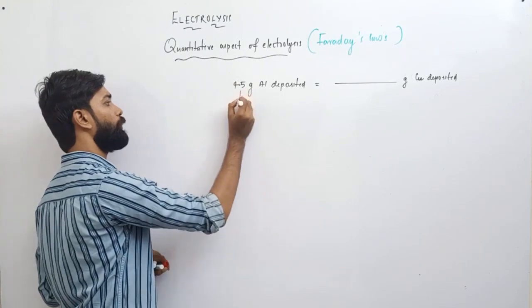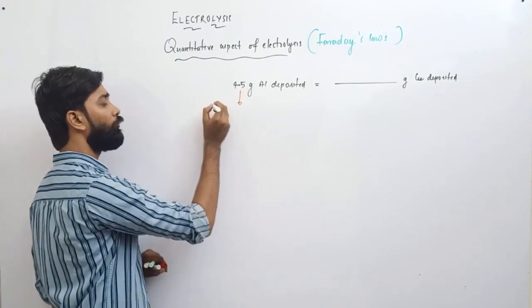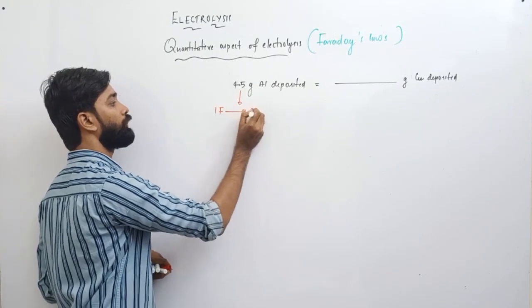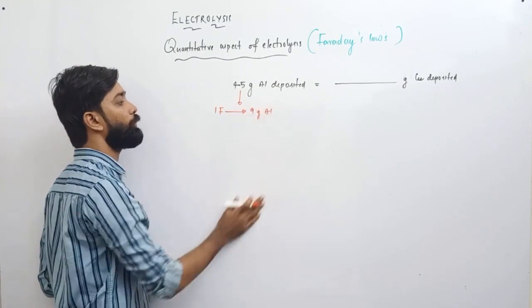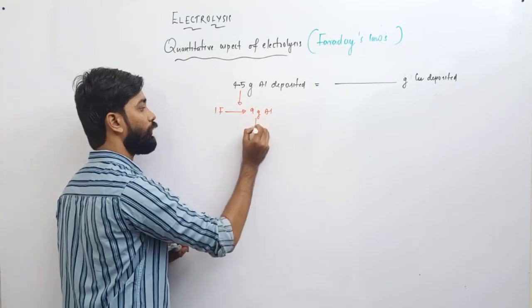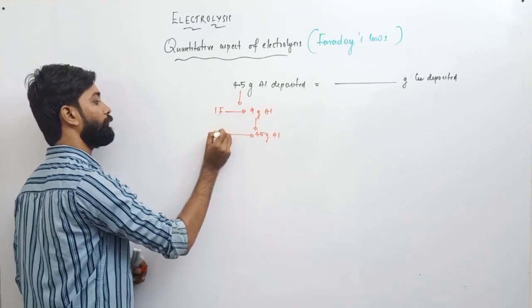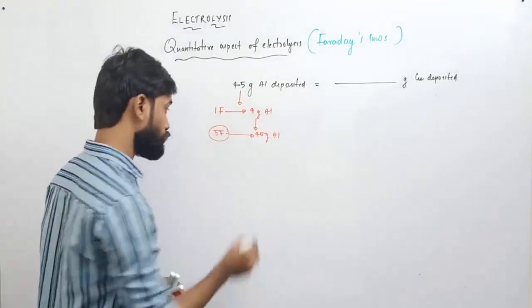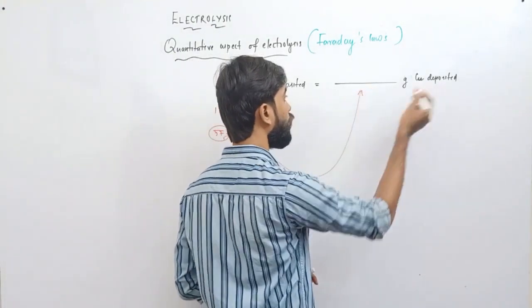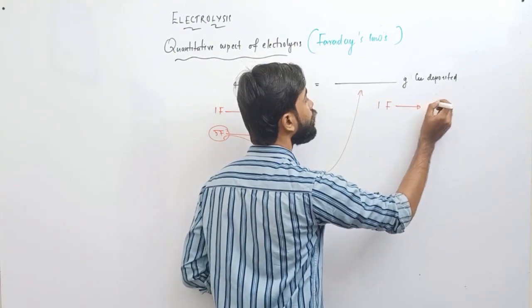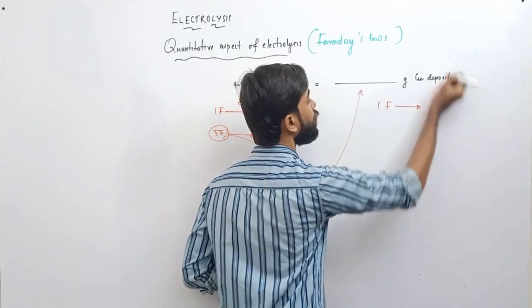So let me find how much farad is required for aluminum. We know that 1 farad supplied deposits the 9 gram equivalent of aluminum. So to get 45 gram aluminum, we must supply 5 farad. Using 5 farad current, how much copper is deposited? We know that for 1 farad, copper will deposit its equivalent mass.